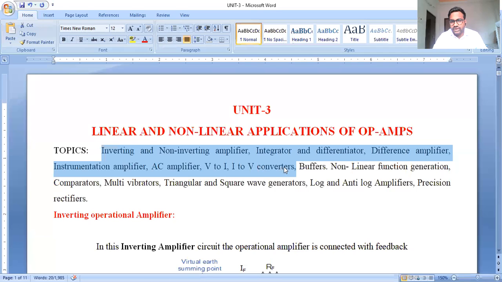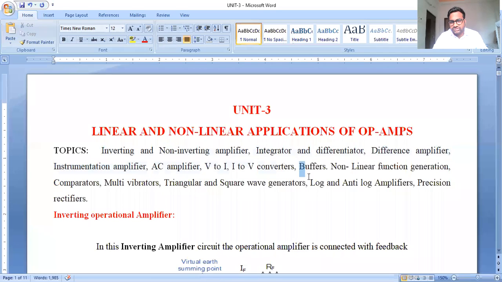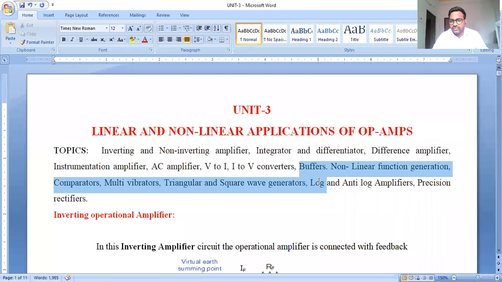On the other hand, buffers, non-linear function generators, comparators, multivibrators, triangular wave generators, square wave generators, log and anti-log amplifiers, and precision rectifiers all come under non-linear applications of the operational amplifier.